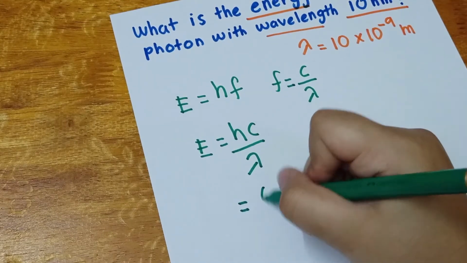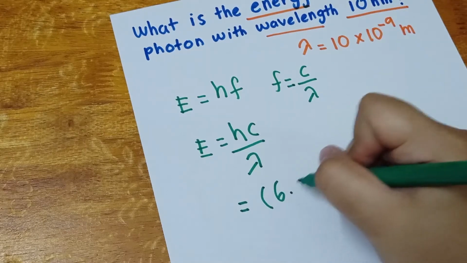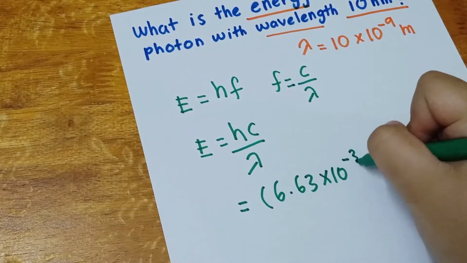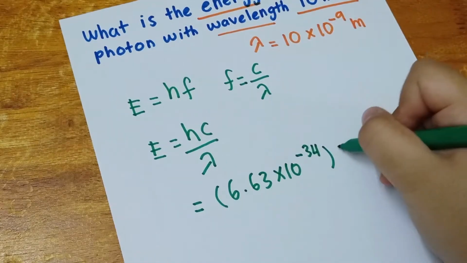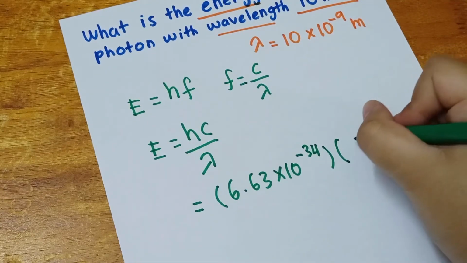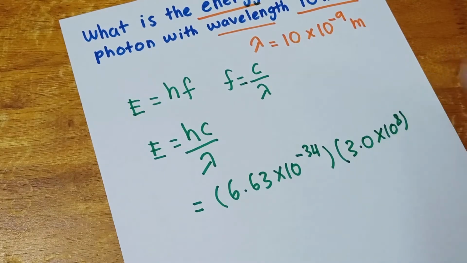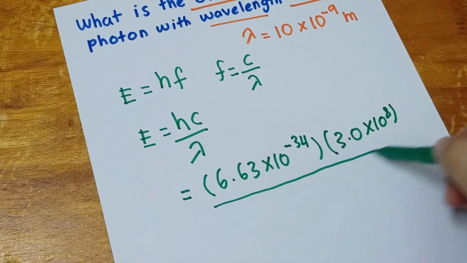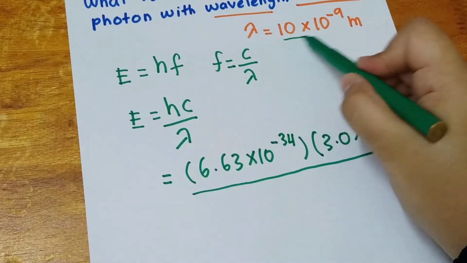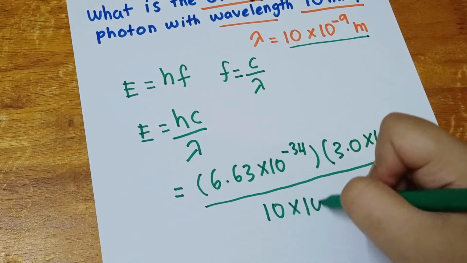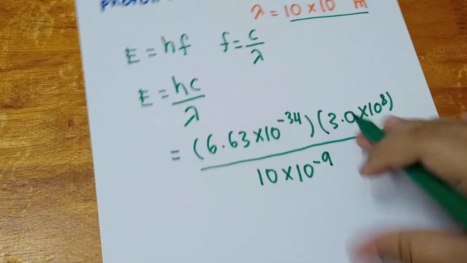So we can conclude that E is 6.63 times 10 exponent of negative 34, times the speed of light, 3.0 exponent 8, over lambda. We just substitute here, 10 exponent of negative 9.